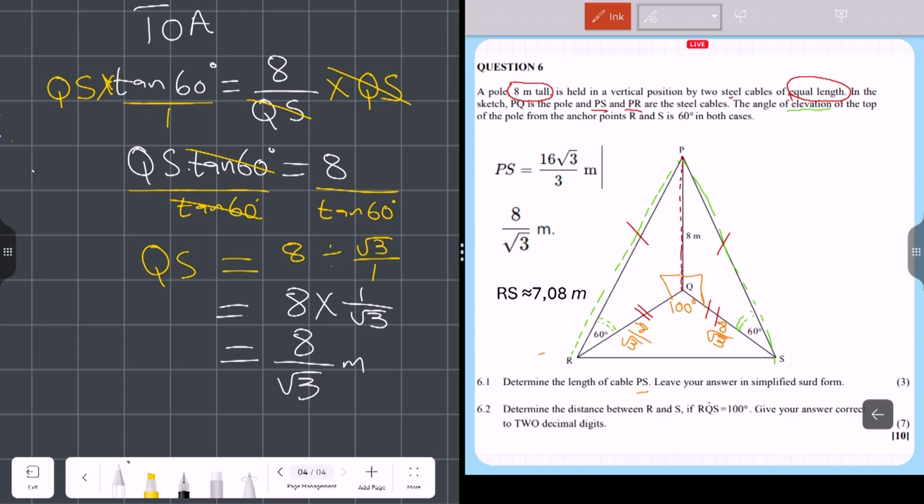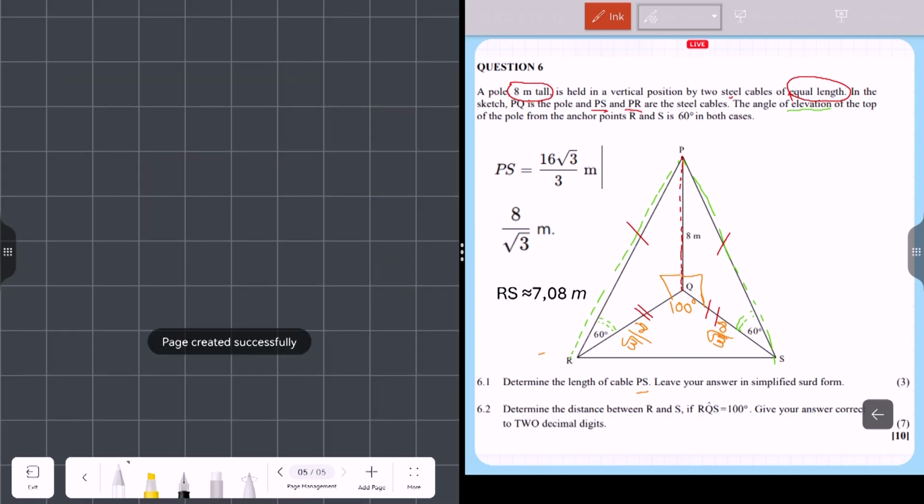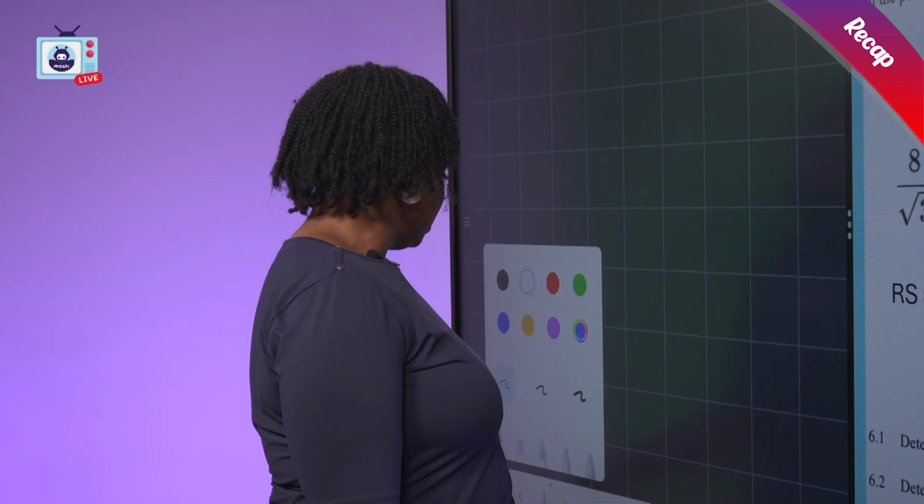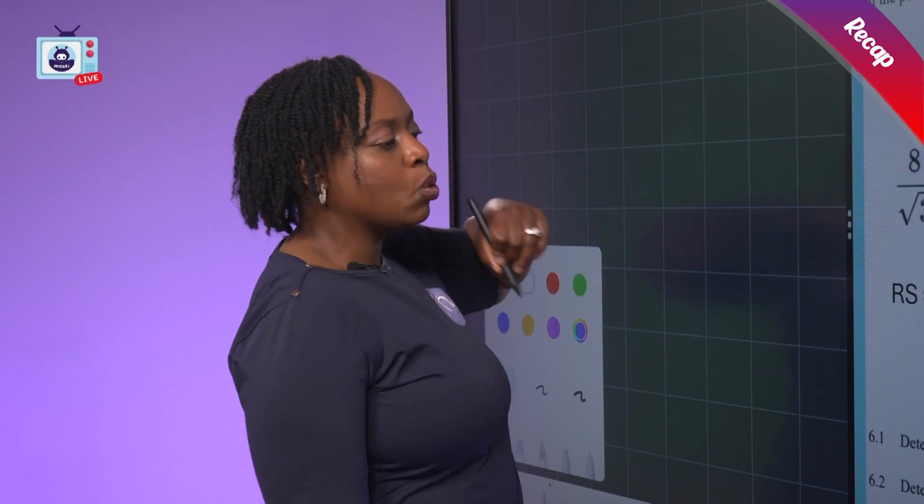Now you have two sides and an included angle. If we have two sides and an included angle, if you recall very well, we can use our cosine rule. Here, we're going to use it with letters.